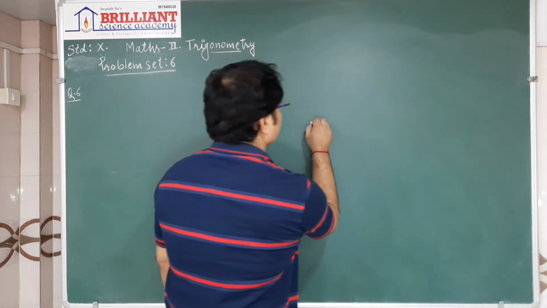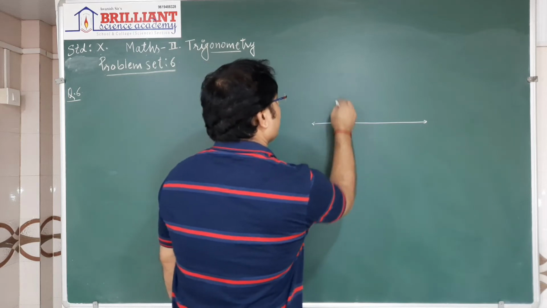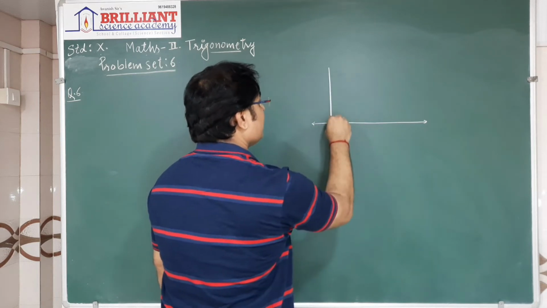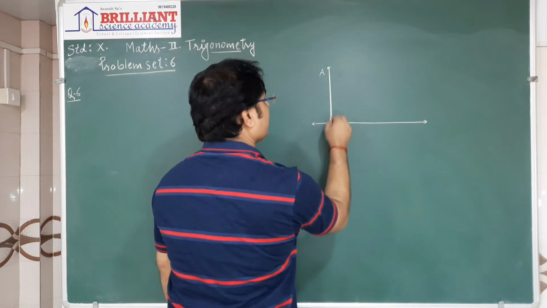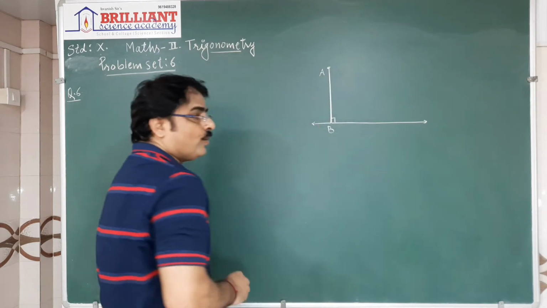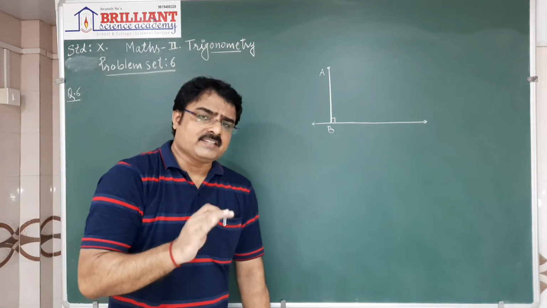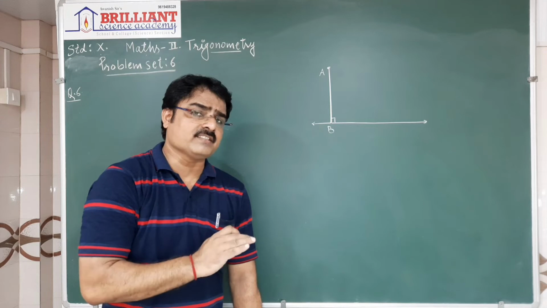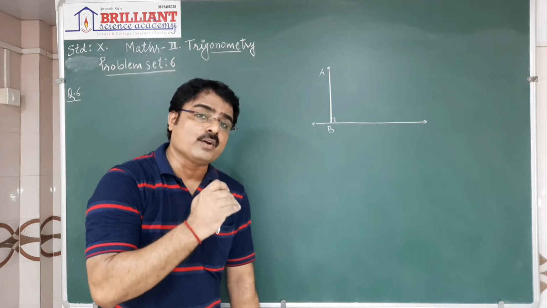Now students, this is our ground, and let AB be a building. Any structure like a building, tree, temple or church, we can always consider perpendicular to the ground, meaning perpendicular to the horizontal.